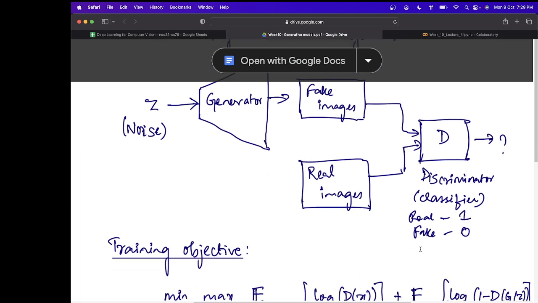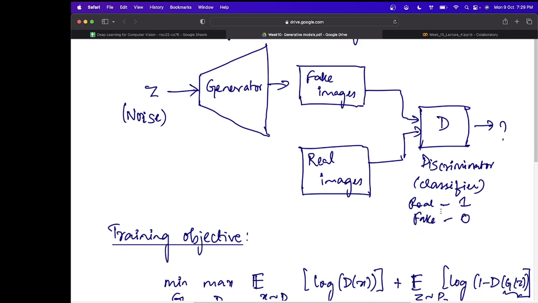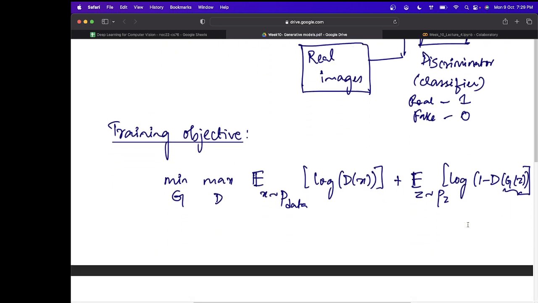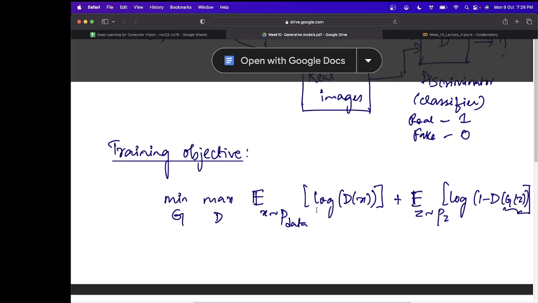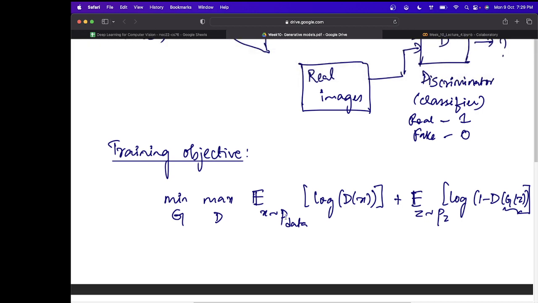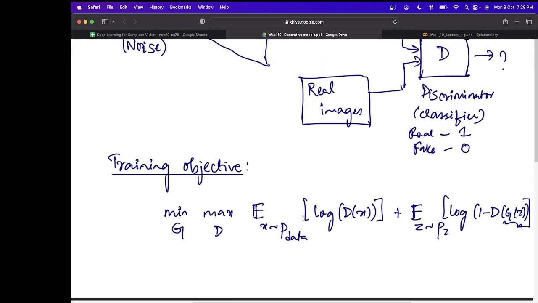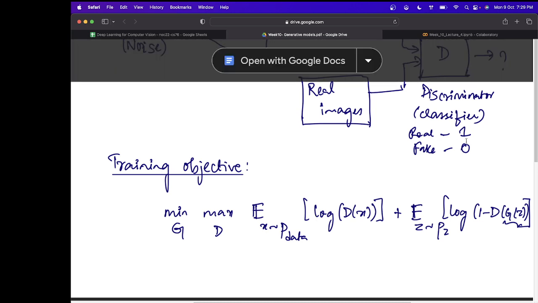We generally label our images so that real is labeled as 1, fake is labeled as 0, right? So what it will try to do is maximize whatever it predicts for the real images, because it has to predict 1 for the real images. That is what is given.